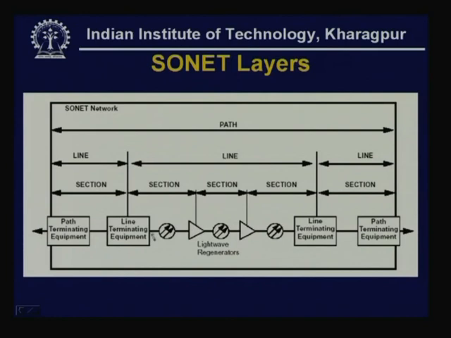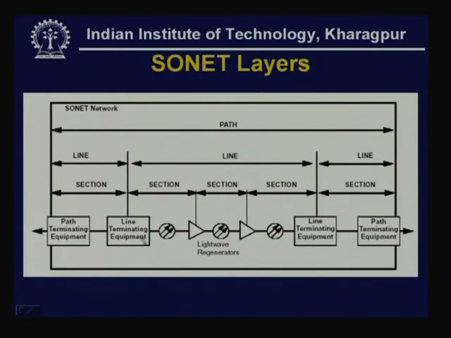On the other hand, between two line terminating equipment, or between path terminating equipment and line terminating equipment, path terminating equipment is essentially the STS multiplexer, line terminating equipment is essentially the add drop multiplexer.